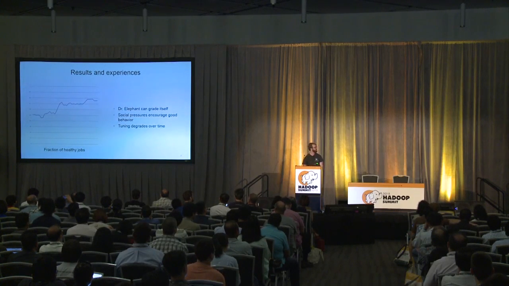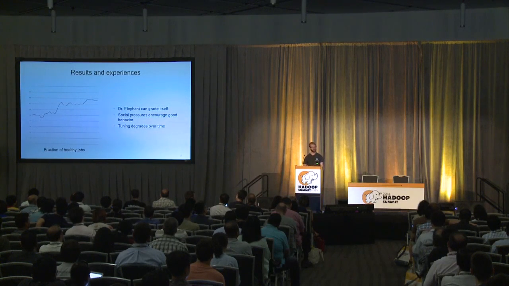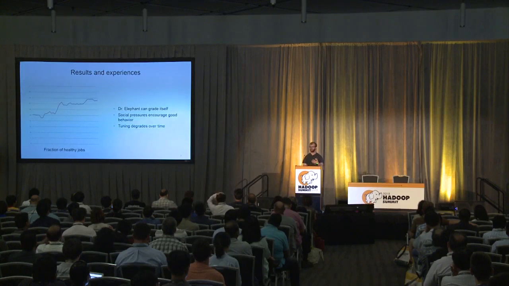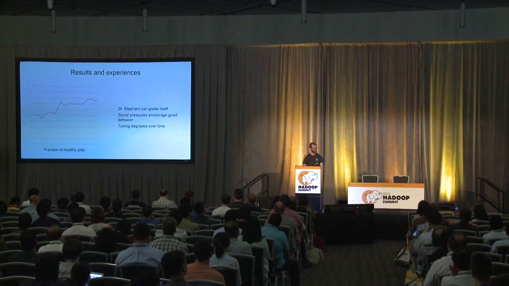What fraction of jobs does Dr. Elephant identify as being perfect, as having no issues that need even a little bit of attention, that everything is good about them? You can see that over a year or so, we've gone from about half of our jobs being absolutely perfect to 75 or 80%, hovering around there.